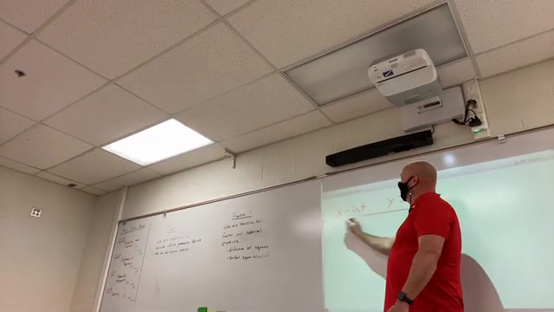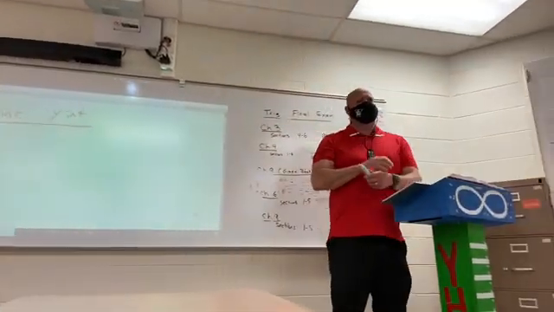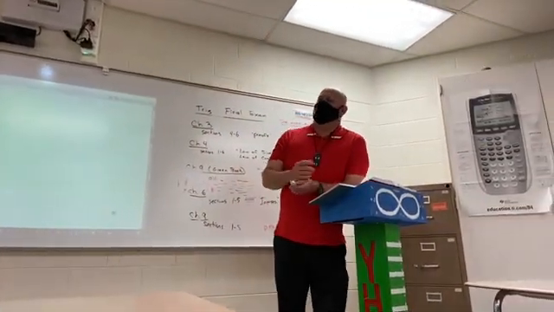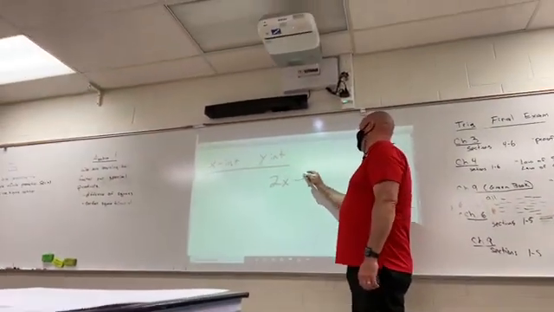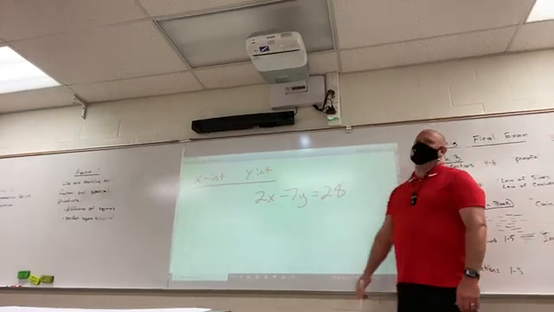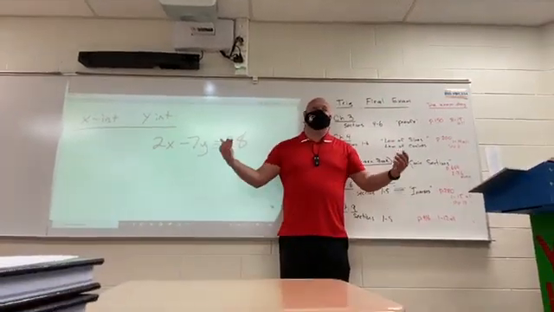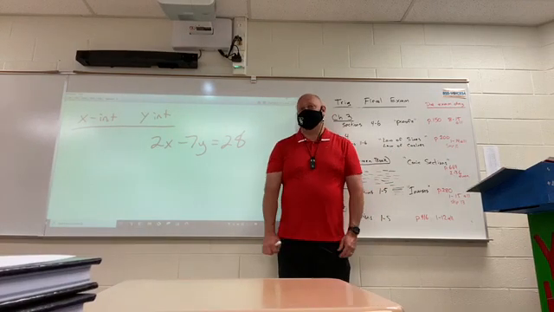there's going to be at least 1 or 2 questions where I ask you, what is the x-intercept or what is the y-intercept? If I give you something like 2x minus 7y is equal to 28, and I'll just say, what's the x-intercept or what's the y-intercept? How do you find the x-intercept?